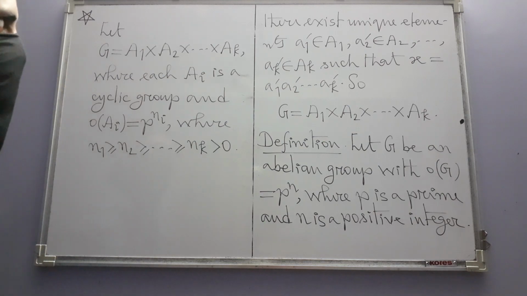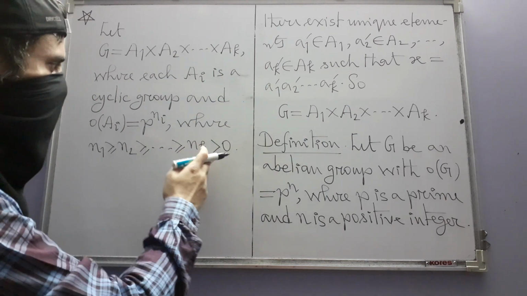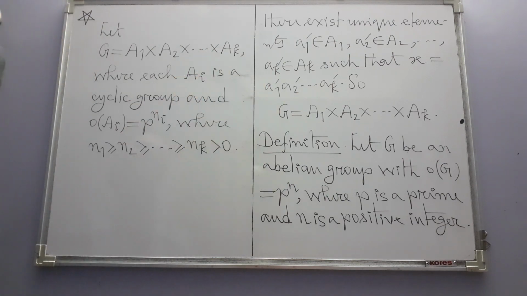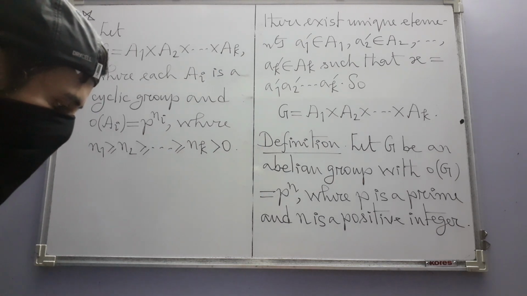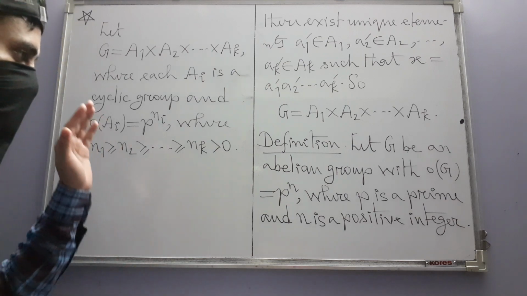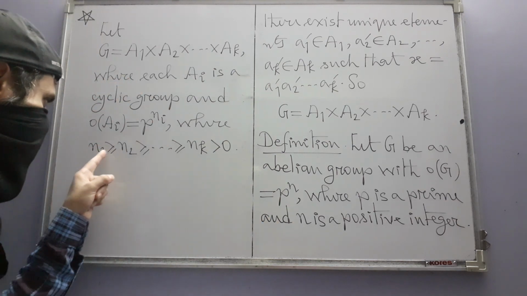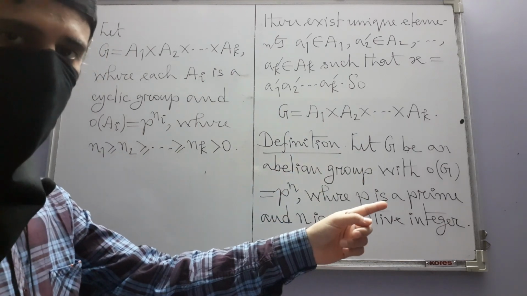Otherwise, actually, there is no point. If some n_i is 0, no point writing that factor in this product. Whether you write it or not, it does not ultimately matter. If these conditions are true, then these integers are called the invariants of the group G.